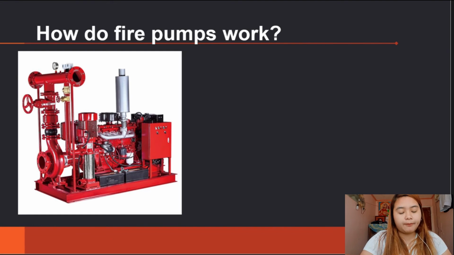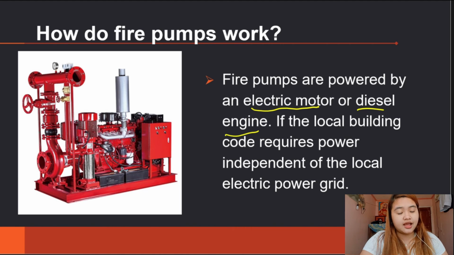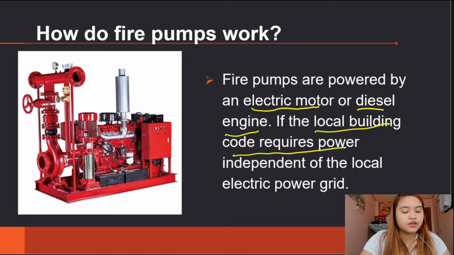How do these fire pumps work? Fire pumps are powered by an electric motor or diesel engine. It means it can be plugged in, or it can be connected so that it runs, like a generator. If the local building code requires power independent of the local electric power grid, because sometimes the power in the area goes out while using fire pumps, that is where diesel engines come in.